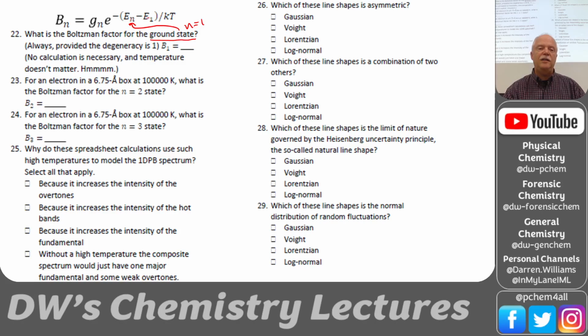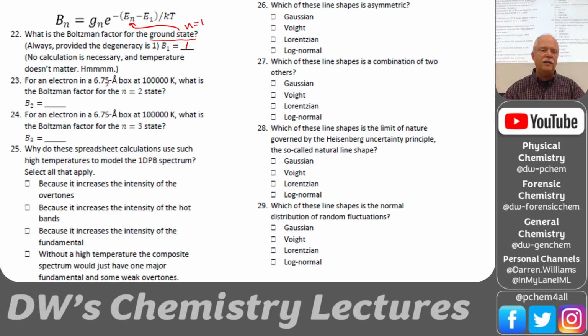So the ground state energy minus the ground state energy is 0. Anything raised to the 0 power is 1. That's why I say you don't even need a calculator. Just e to the minus 0 over kT, doesn't matter what temperature it is, doesn't matter what Boltzmann's constant is or anything like that. E to the 0 is 1. So that's why we end up with 1 right here.